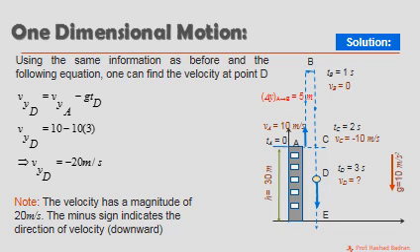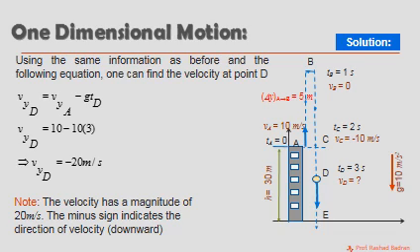Then 3 seconds of the whole flight minus this 2, we get a time of 1 second. By using the same equation to get the final velocity, but now the starting velocity is not at A but at C, and inserting a value of minus 10 meters per second and a time of 1 second, you're going to get the same answer.